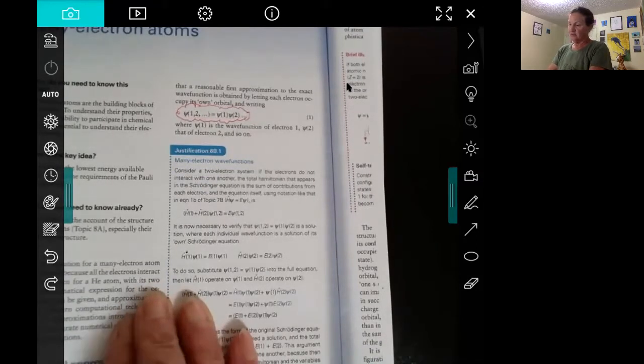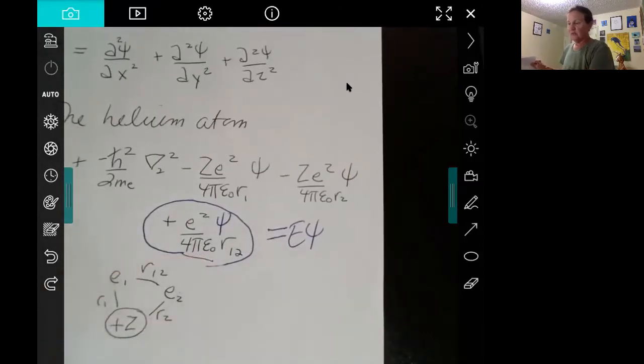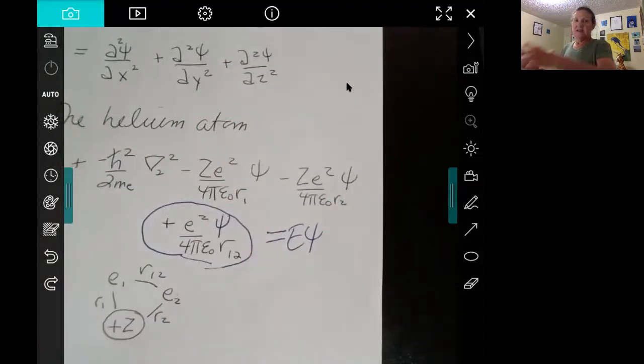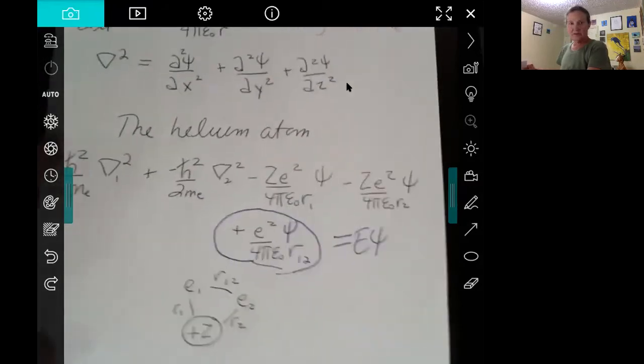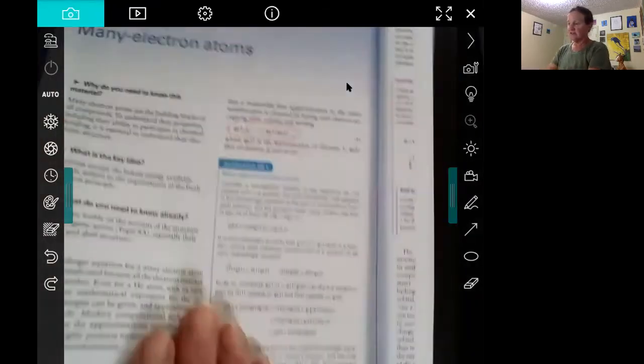So we're going to neglect this last term, and then we'll be able to separate the kinetic energy for electron 1 and its potential energy into one part of the equation and solve that for one electron, and do the same thing for the second electron.